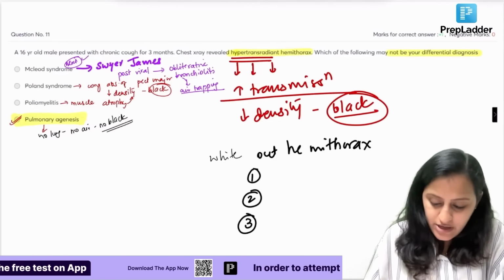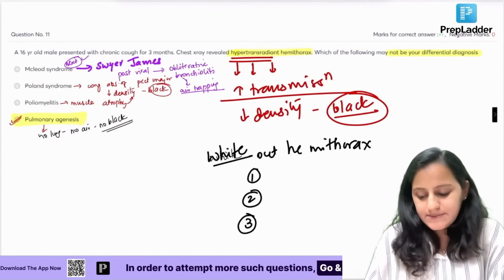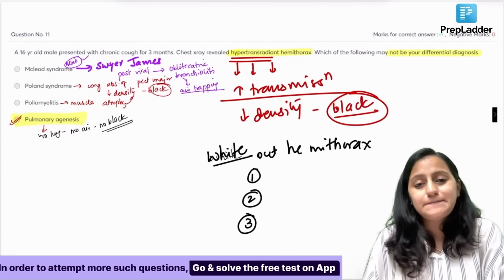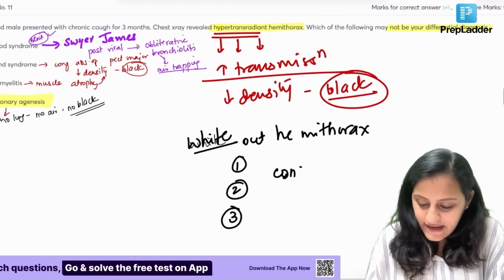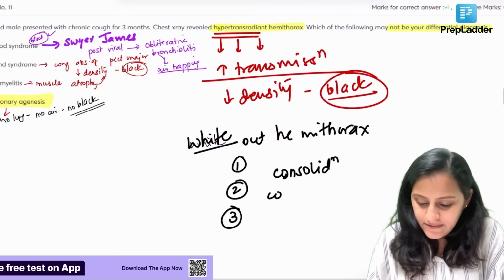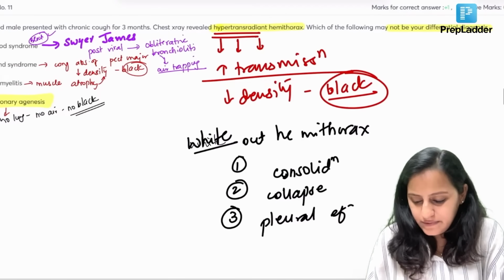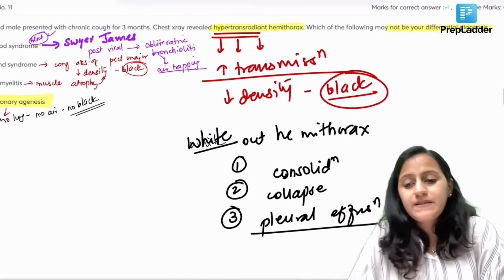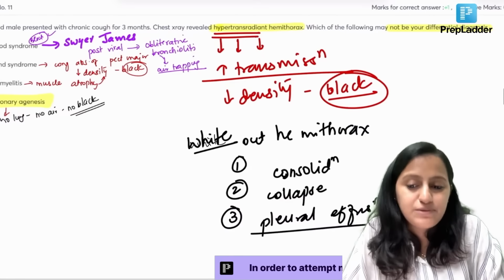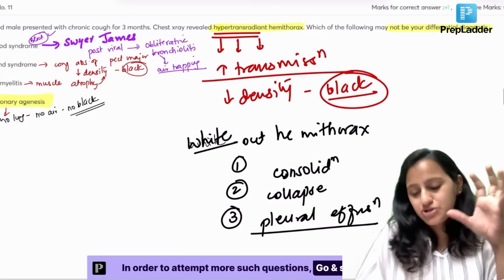We are talking about whiteout hemithorax. Quickly. That is consolidation, collapse, and pleural effusion. Consolidation, collapse, and pleural effusion. The three main causes that you should remember.